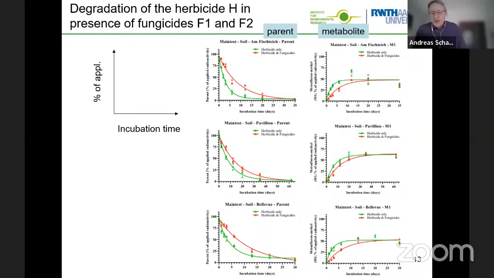Yeah, that could be. In our experiments, we did not use formulations, but just the active ingredients. But this is still another project, to look at the effects of the co-solvents. Yeah, that's true. Too many gaps.